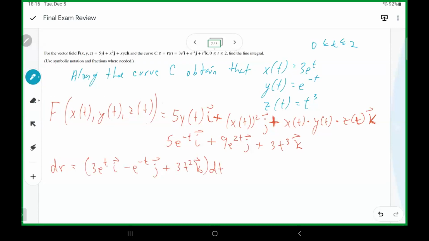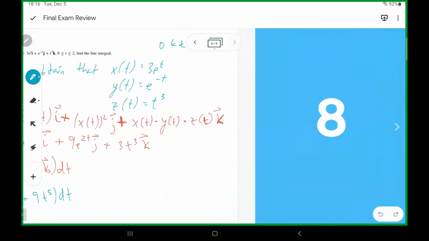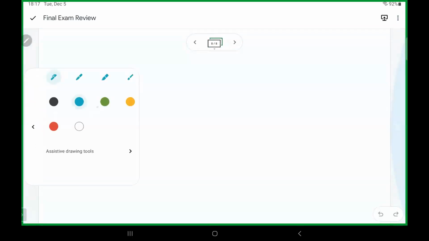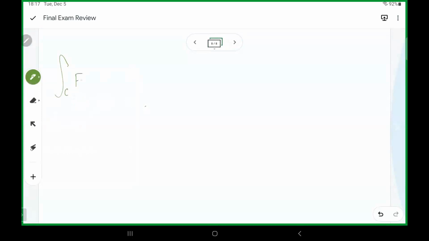So then F dot dr is going to be 15 minus 9e to the t plus 9t to the fifth dt. All right, so then we need to squeeze in as well the integral.